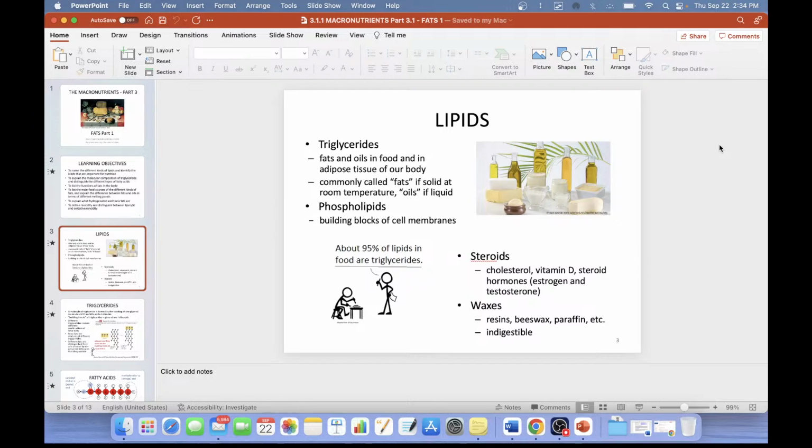Phospholipids are molecules that are the constituents of the cell membranes. So you can understand how important they are for a living organism. They keep the cells together and they allow the traffic of molecules in and out of the cell. They control the traffic. Steroids are molecules that are for various types of functions. There is cholesterol. Cholesterol is also a precursor to vitamin D, which is one of the essential nutrients.